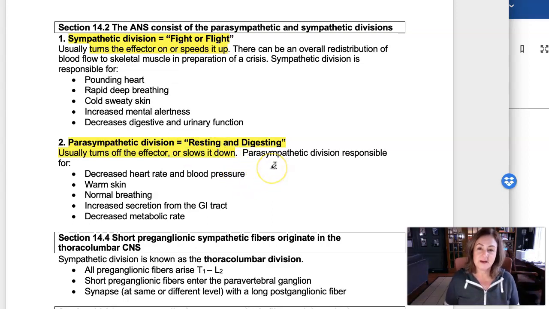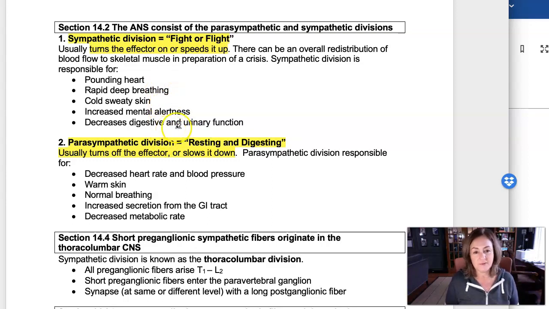And so parasympathetic division is typically what we're operating under as far as the balancing act, where we have warm skin, a state of calmness, a decreased heart rate, a resting heart rate, normal breathing, where our GI tract is working, we're digesting our food, we're filtering the blood, we're doing all of those things, and we're not diverting our resources to take action in a crisis. Okay, so that's a basic explanation of the difference between the two.